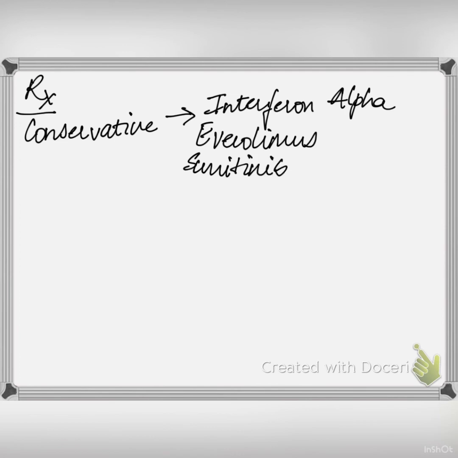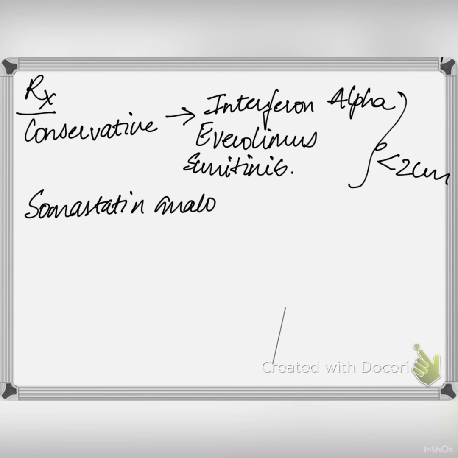These are the drugs used for conservative treatment, for tumors less than 2 centimeters. Apart from the somatostatin analog, chemo and radiotherapy are also used.